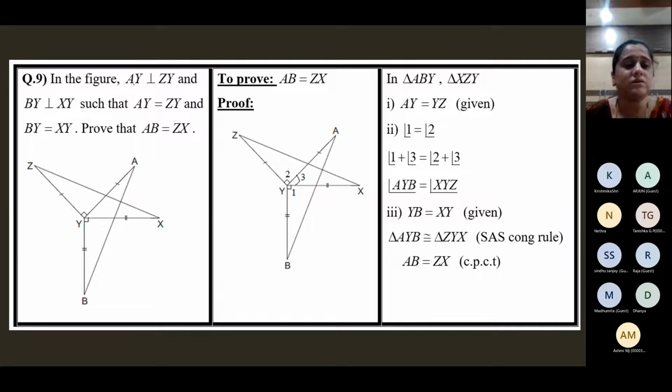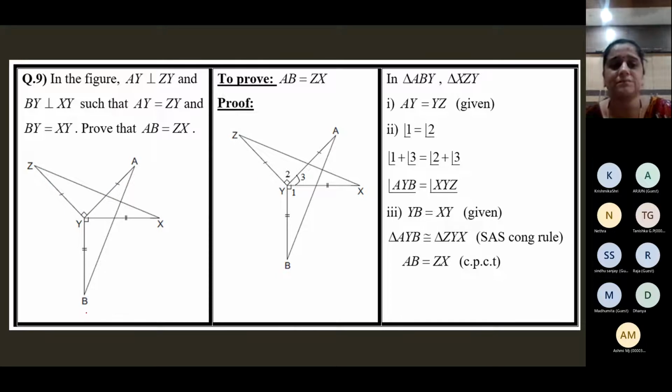Now this one. In this figure, AY is perpendicular to ZY. So the line segments AY and ZY are at right angles to each other. AY is perpendicular to ZY or ZY is perpendicular to AY.